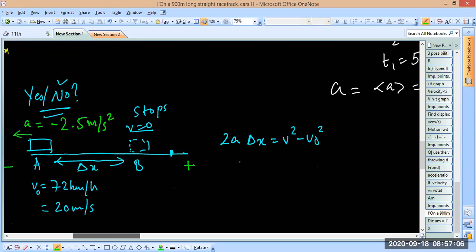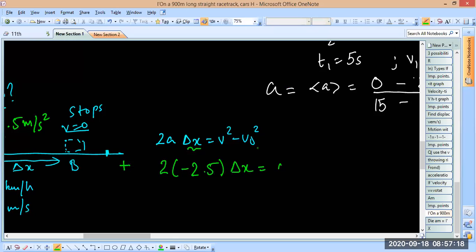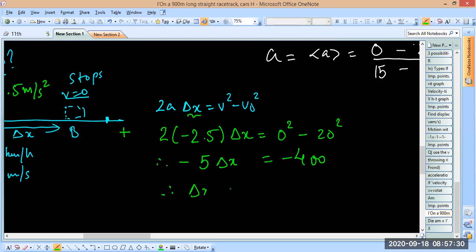So let's put the values. 2 into minus 2.5 into delta x, which we don't know, is equal to final velocity square 0 square minus initial velocity square 20 square. So this is minus 400, and this one is minus 5 delta x. That would mean delta x is 80 meter.